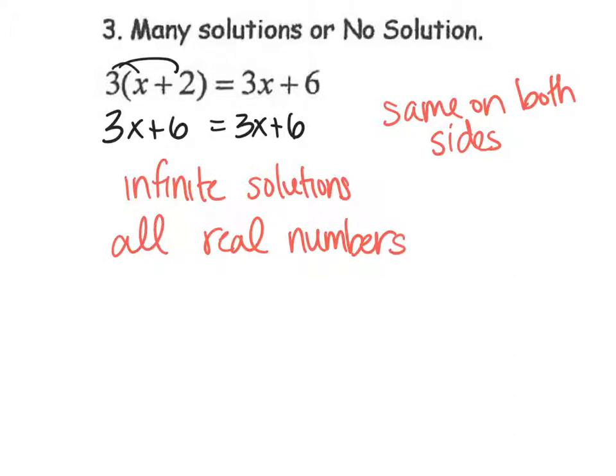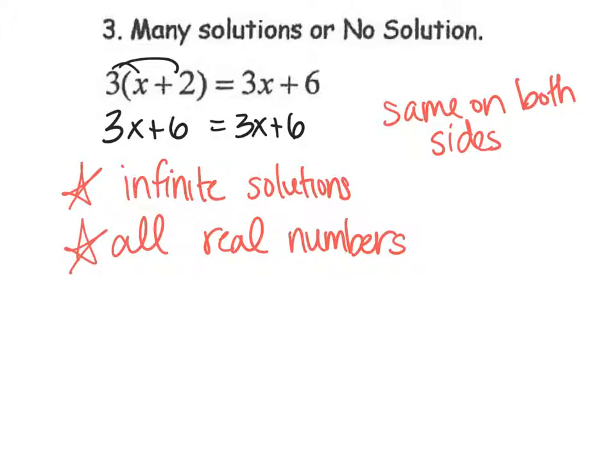Those two answers you would write down because I can't solve this math problem. I could plug in any number I want for x: all real numbers, infinite solutions, any number in the world. So that would be the answer that you would write for a problem like this. If the left side is exactly equal to the right side, those are your answers: infinite solutions or all real numbers.